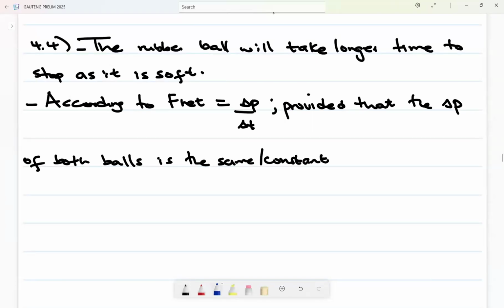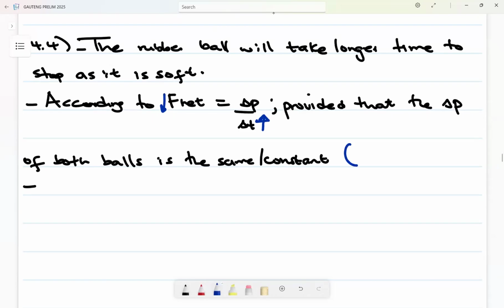I want you to see this. Now, if the rubber ball will take longer time, it means now change in time is increasing. If you take a longer time, it means your change in time is great. And then if I increase the change in time, remember this one is constant, what's going to happen to the F net? The F net is going to decrease since F net is inversely proportional to that.